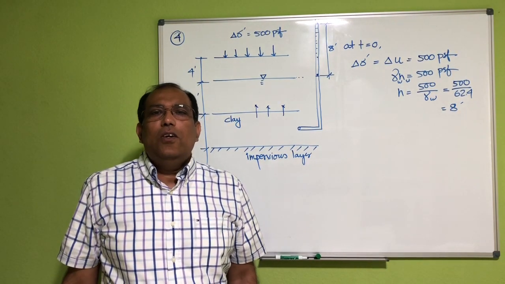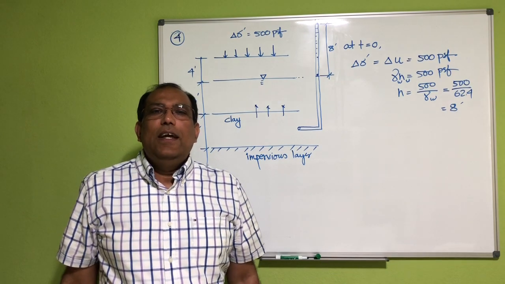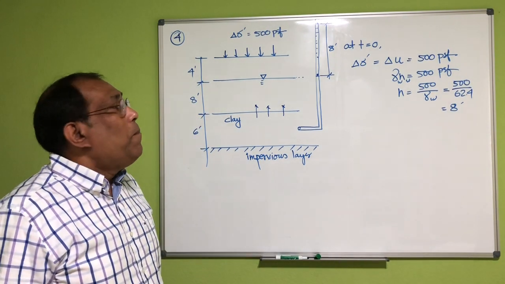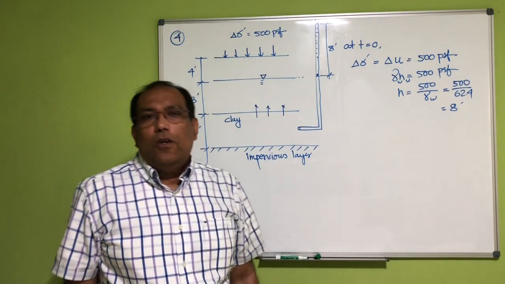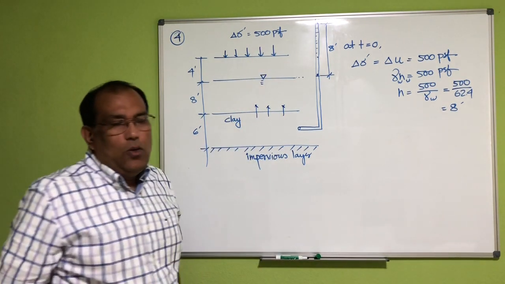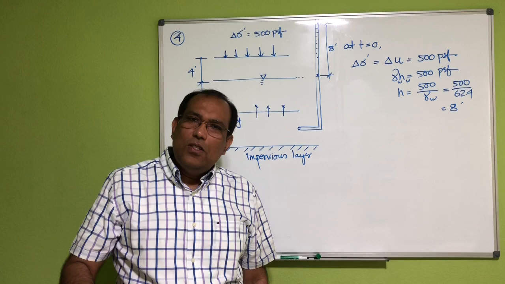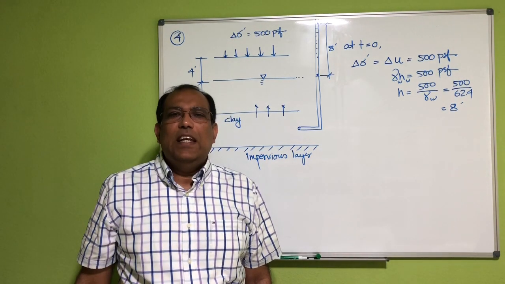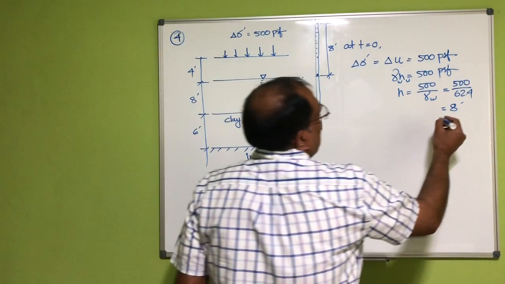This means your consolidation settlement has completed, and for this particular load, the consolidation settlement occurred. Now if we add more load, then this one will start again consolidating the soil. Anyway, so basically this is your answer.